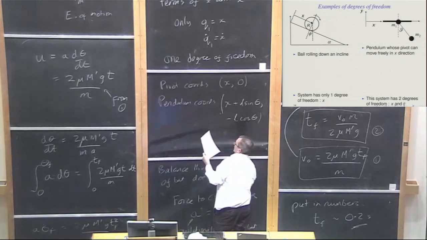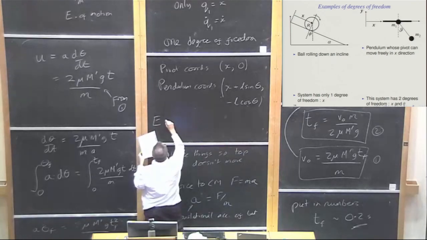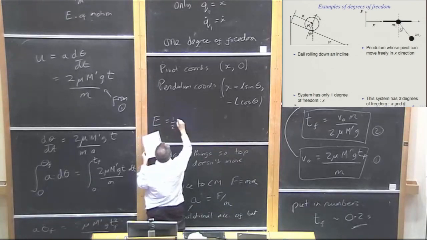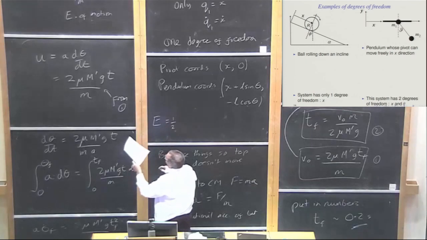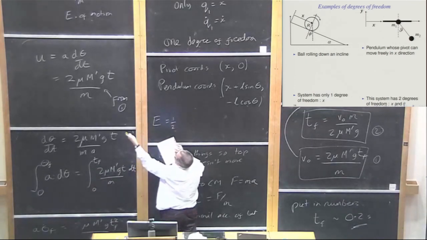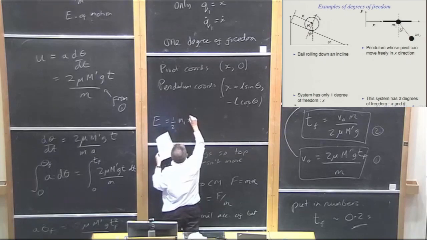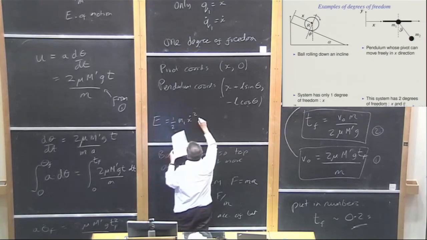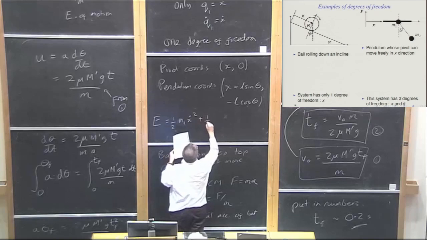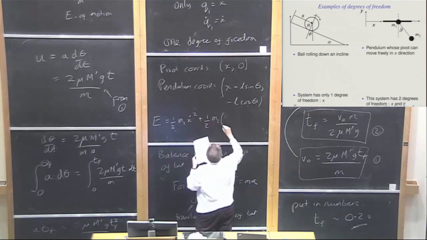Okay. And so just to write down what E is, the total energy will be given by the kinetic energy of both of these. So for this first mass here, I didn't point out we have a mass here, it's a half m1 x dot squared. Then we have the kinetic energy of the second mass, so it's a half m2.